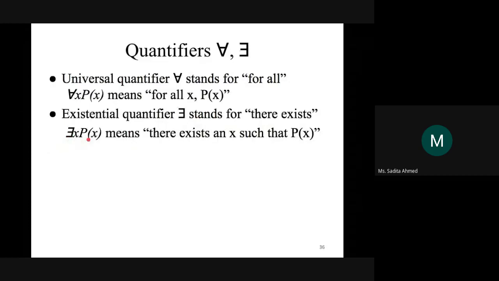That is, there is at least one value of x in the domain for which P(x) is true. If that is the case, then the existential quantification of this propositional function for the given domain is true. If that is not the case, it's false.